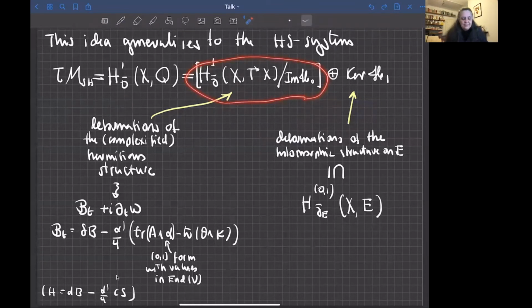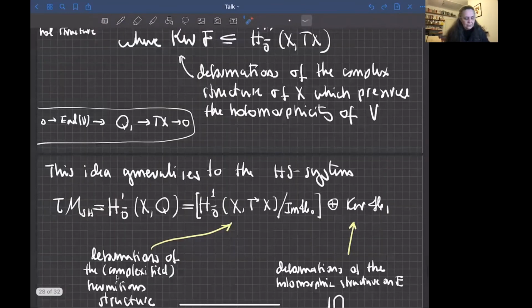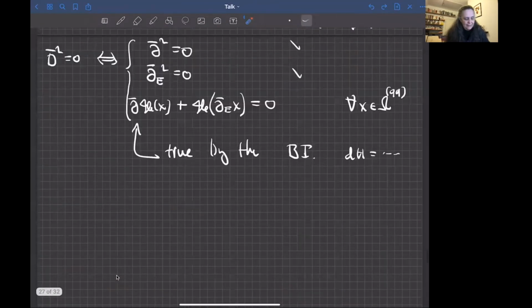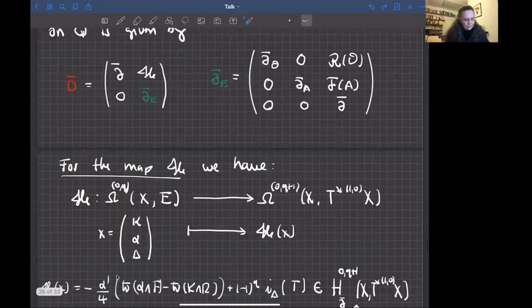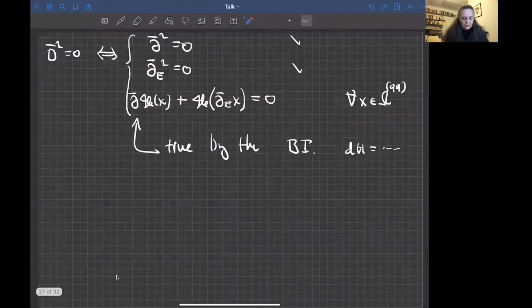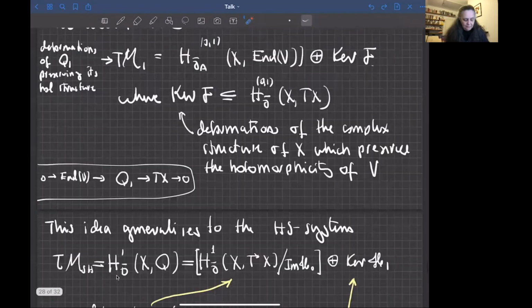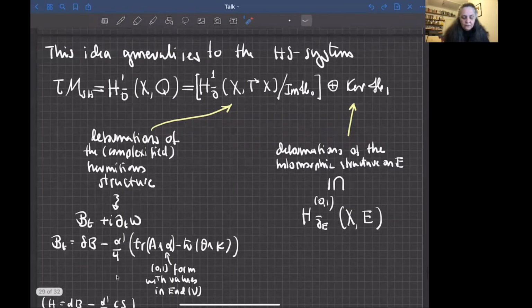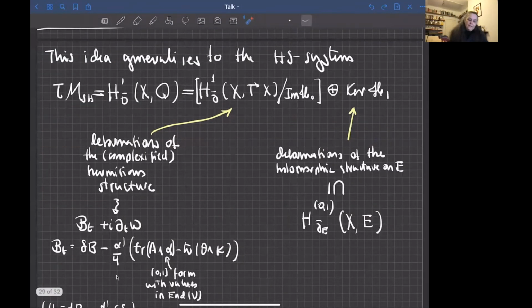So this is the beauty of this extension, right? By choosing precisely an extension as we had before, an extension by the cotangent bundle, we are able to discuss the properties of the Hermitian form and its deformations.